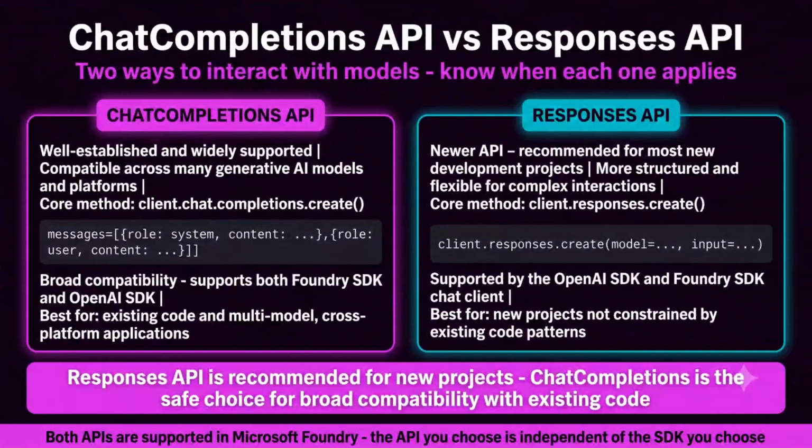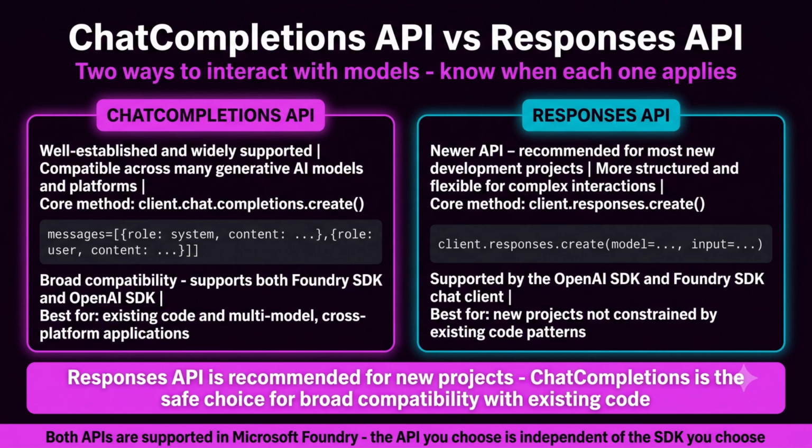The last piece is the chat API. Once you have your client object, whether you got it from the Foundry SDK or created it directly with the OpenAI SDK, you need to call one of two APIs to interact with the model. The first is the ChatCompletions API. This is the well-established option that has been around since the early days of the OpenAI API.